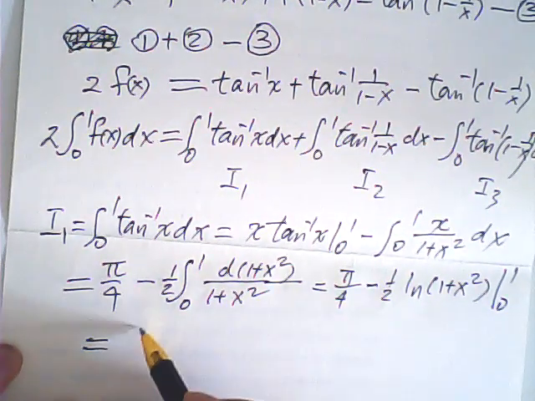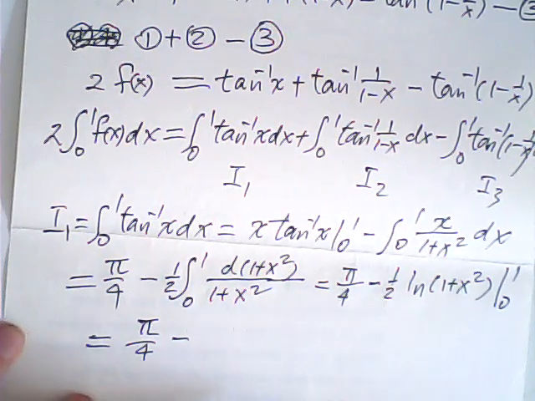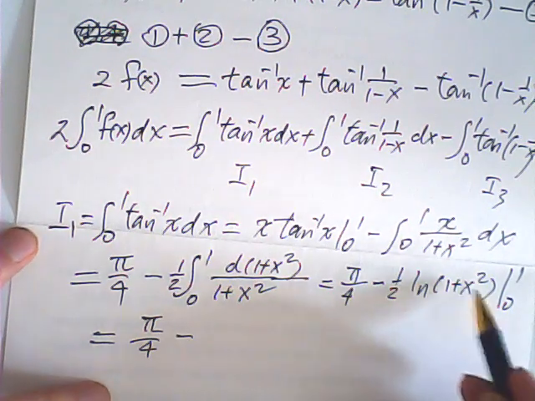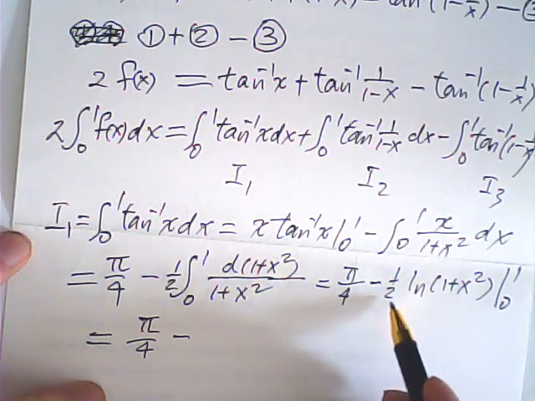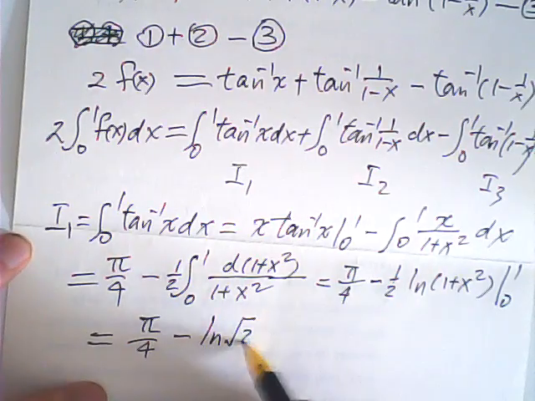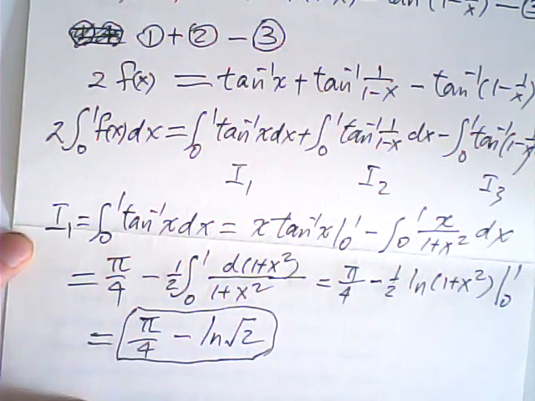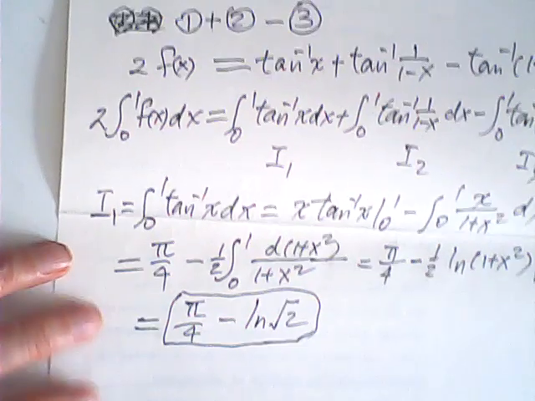So this is one quarter pi minus one half log 2. So that is my I1. Okay, good.